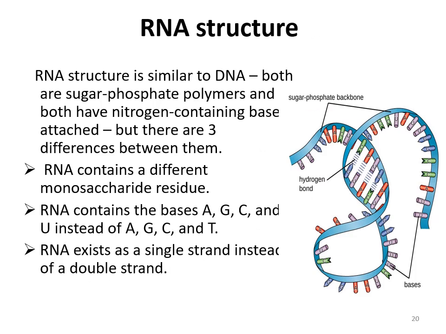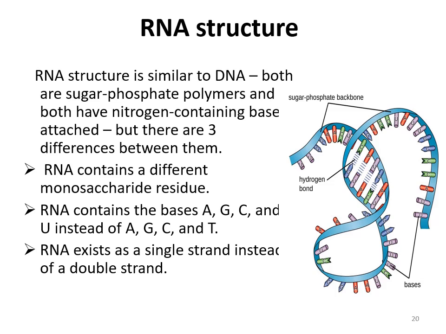RNA structure is just similar to DNA. Both are sugar phosphate polymers and both have nitrogen-containing bases attached, but there are three main differences between them. RNA contains a different monosaccharide residue, as we know that in RNA ribose sugar is present, and in DNA deoxyribose sugar is present.